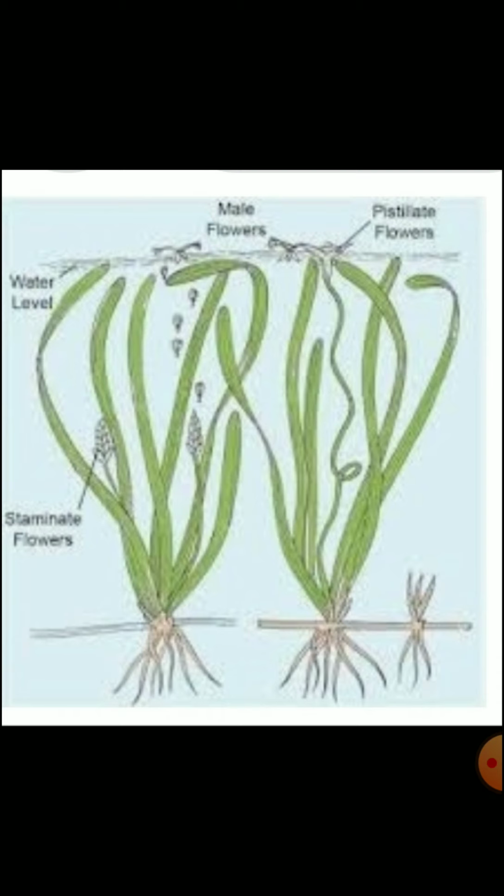In Vallisneria type of plants, the special character is that male flowers float on the surface of water till they meet female flowers. Vallisneria and Hydrilla are pollinated with the help of water.